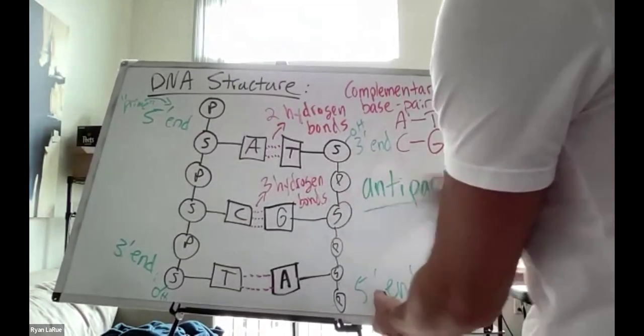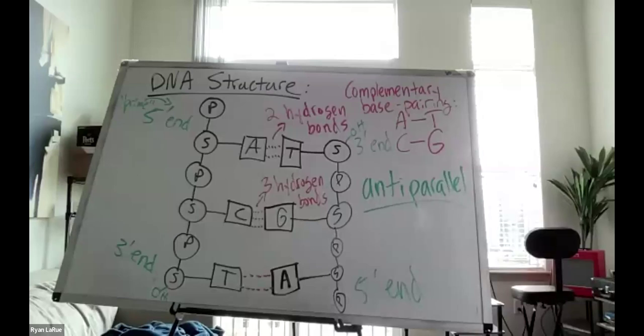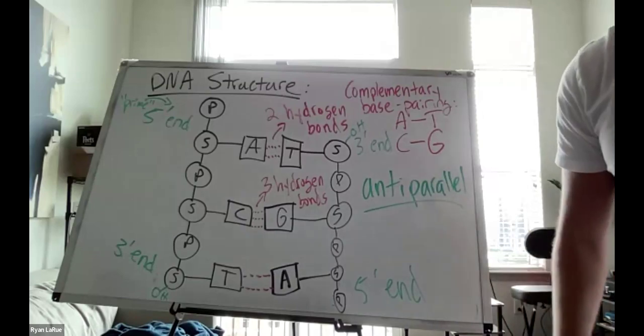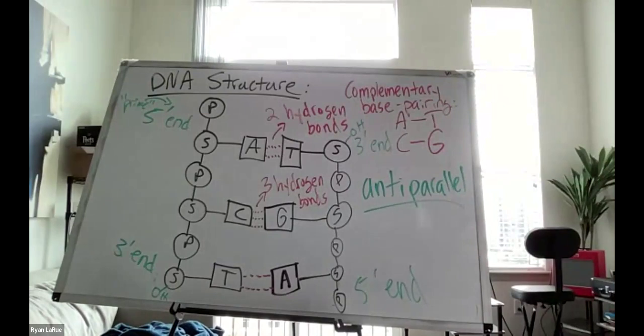The anti-parallel nature of DNA. Anti-parallel means the two strands run in opposite directions. They're flipped with respect to one another. Their orientation is reversed.